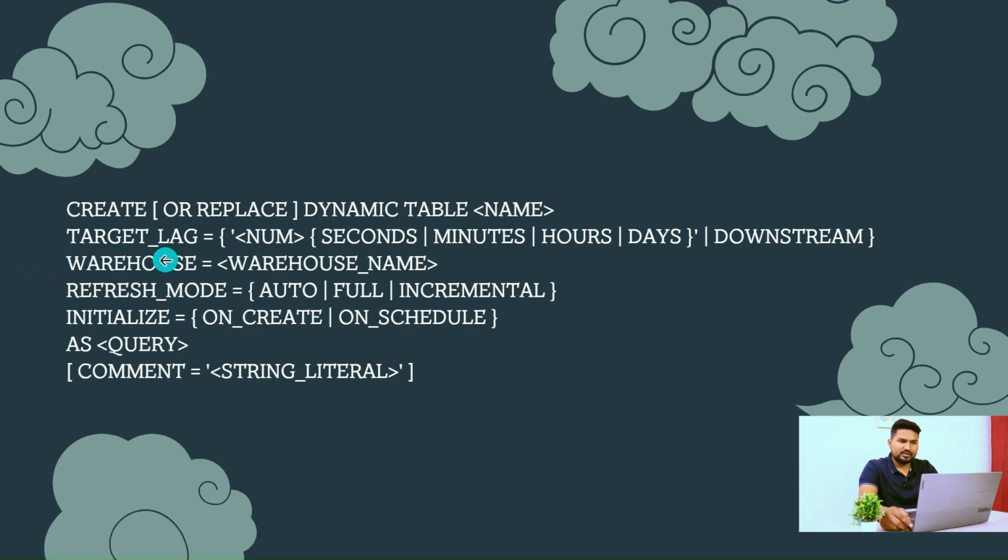In the target lag, you mention a number, and the time at which the dynamic table should refresh itself, in seconds, minutes, hours and days, and also DOWNSTREAM.